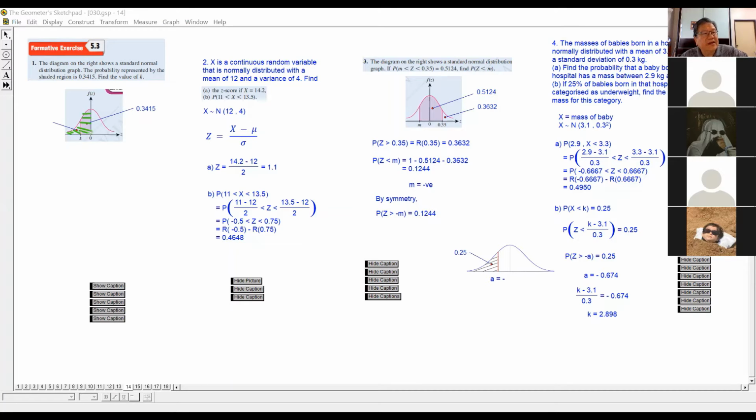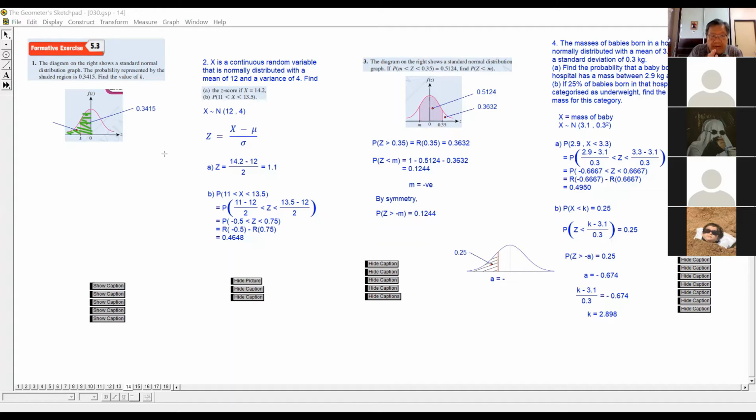Less than 0, all this. Less than 0 is 0.5, because 0 is at the center, less than 0 is half, greater than 0 is also half.